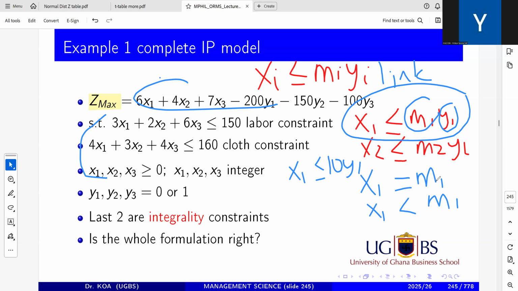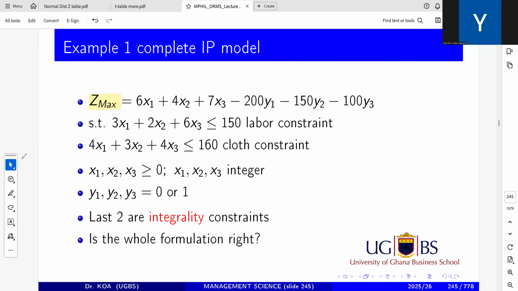So now we know the connection between x1 and y1, and that connection is through 10. So now we've got a link. How do you find the M1? That is the real deal in fixed charge, but it's very easy to do. So we're about to start to find M1. Please pay attention once we go through.